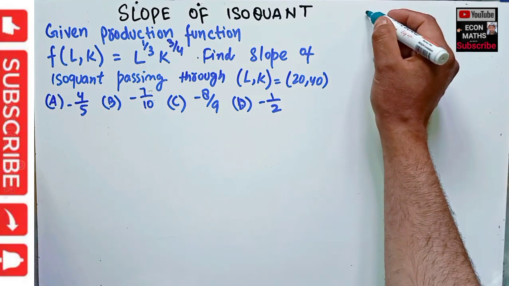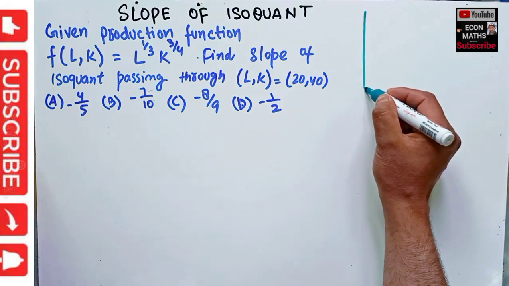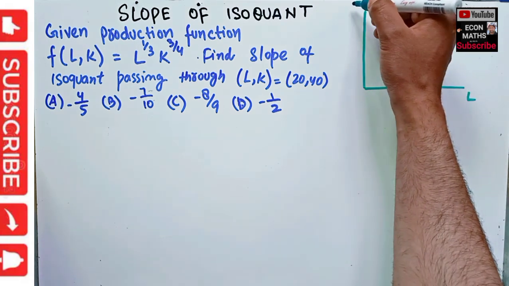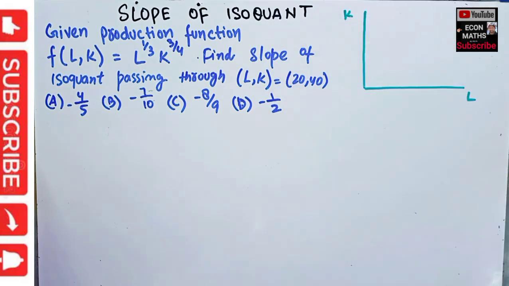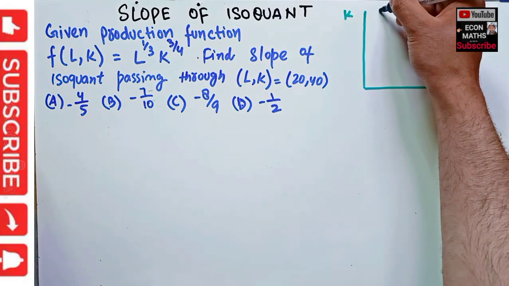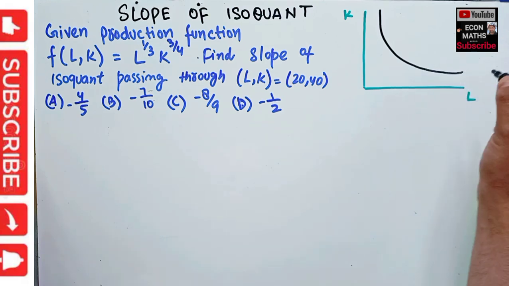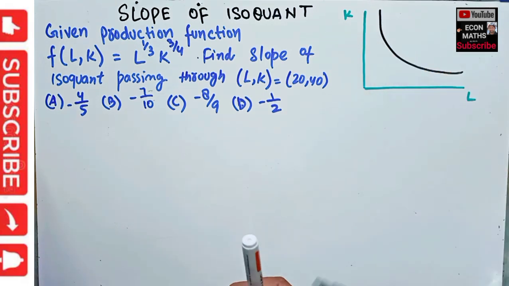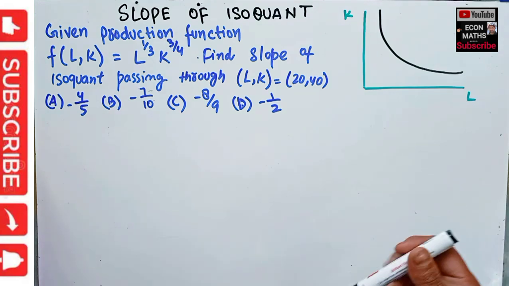In simple words, let me draw it here. Let us say we have units of labor on the horizontal axis and units of capital on the vertical axis, and this curve is called an isoquant.